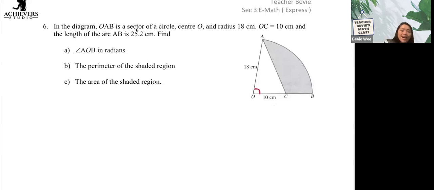The length of arc AB is 25.2. Okay, with that, everyone, help me go and find my angle AOB. Just one step, very simple.